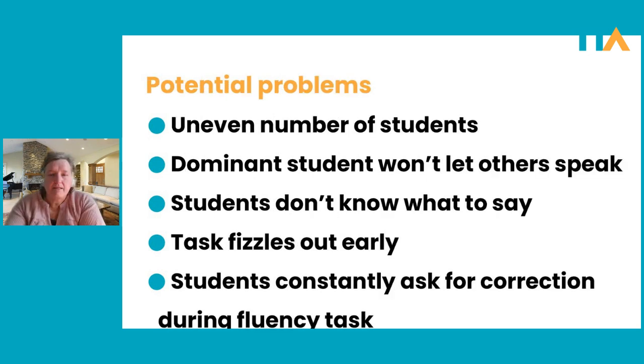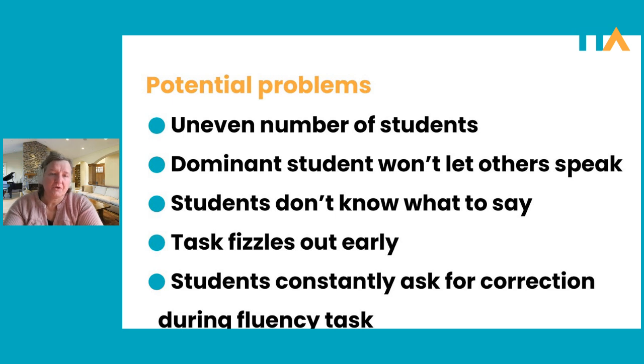All right. And then let's think of some potential problems. So I want you to think of some potential problems and put it in the chat. What do you think could happen with the speaking activity? What are some of the issues that can happen? Sometimes you have an uneven number of students, like 13, and you can't really do pairs.